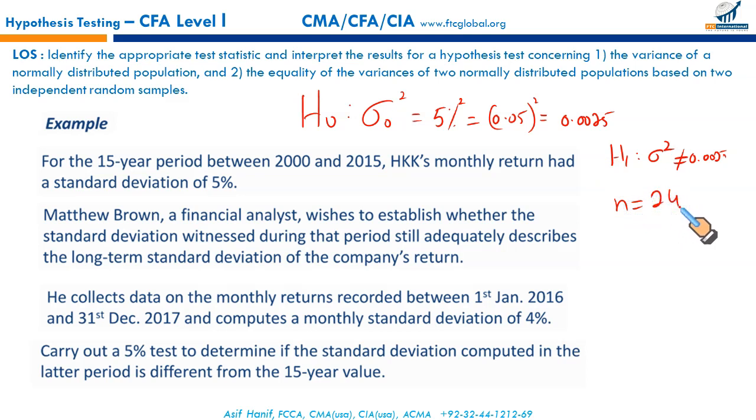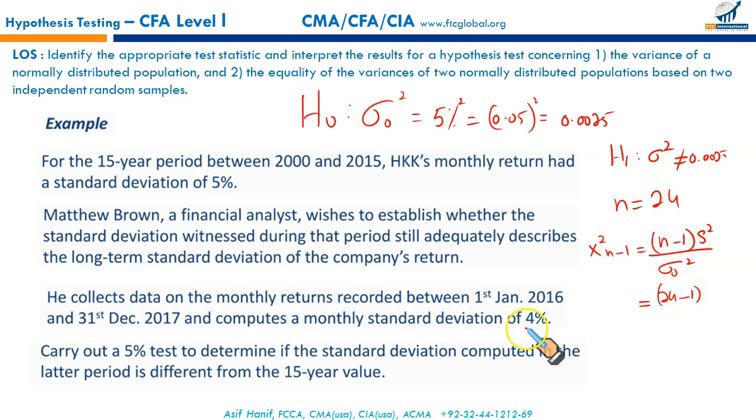We can now calculate the chi-square test. We know the formula, the one we just discussed a little while ago, with degrees of freedom. Just plug in the numbers. So n here is 24, 24 minus 1.